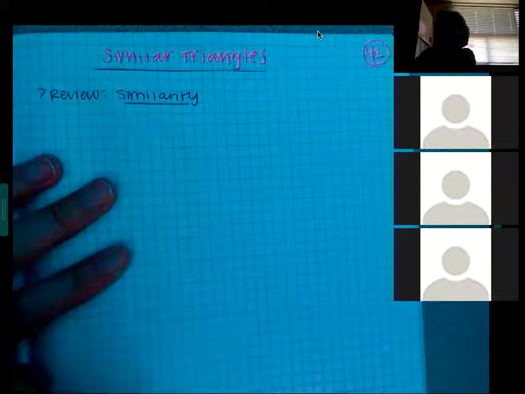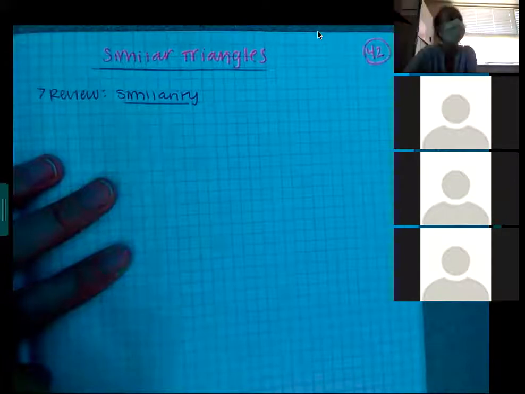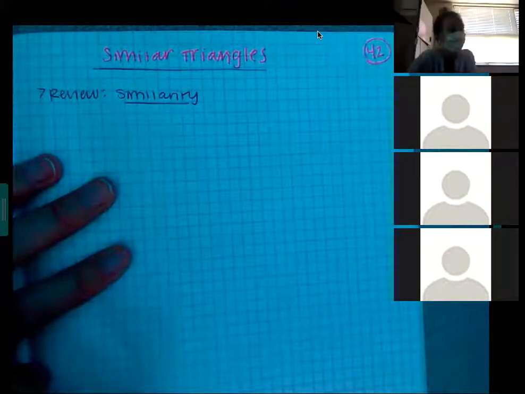Similar just means close, right? Okay, so to be more specific, are similar figures going to be the exact same? No, very good. They're going to look the same, but one's going to be smaller and the other will be bigger. Does that make sense? So they're going to have some of the features that are the same, but the size will not be the same because they're not exactly congruent.